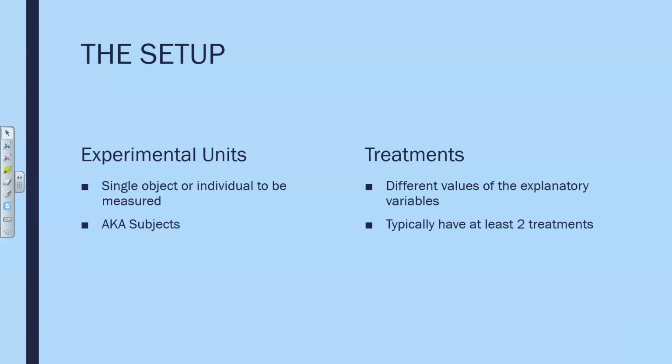But the treatment is those manipulations. And typically you're going to have at least two. And I think about it in terms of at least two because you got to have a control. And then you could have a minimum of one treatment. Think about the filling question a while ago. You would have the old treatment, that would be your control, and the new treatment. So there's my two.